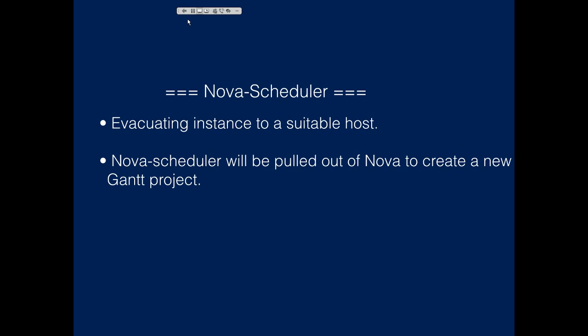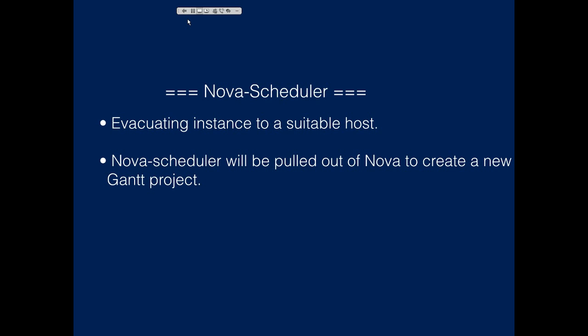Now let me come back to Nova core components, the Nova scheduler. There's a blueprint targeted for the Juno release: find host and evacuate. Earlier you used to do nova evacuate, the name of the instance, and you had to give the name of the host where you wanted to evacuate the instance.